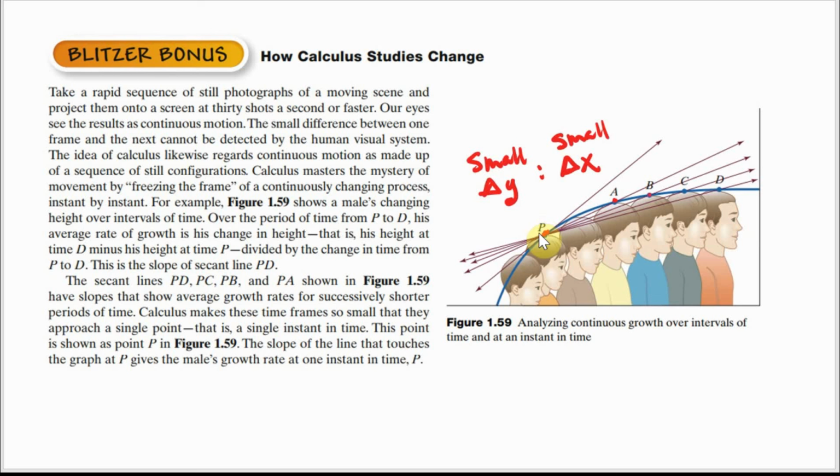They start over at D, P and D. You get that straight line, that's a secant. Then you look at P and C. Look at that straight line, you get the slope of the secant. Then look at P and B. Look at that straight line, get that slope of the secant. Look at P and A. And you keep on, you get to this point.